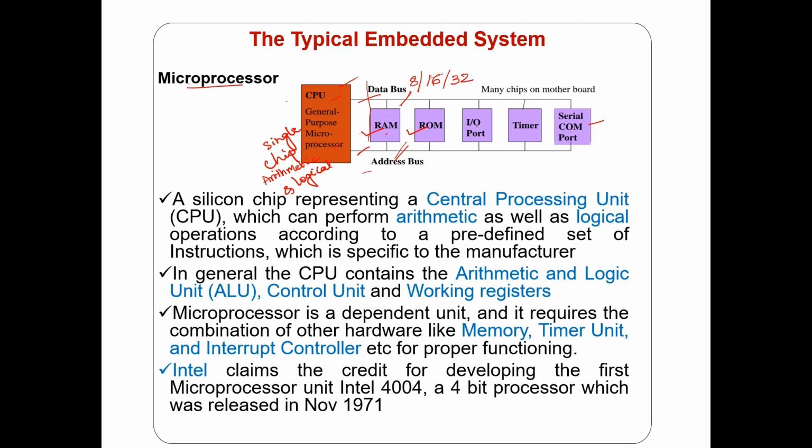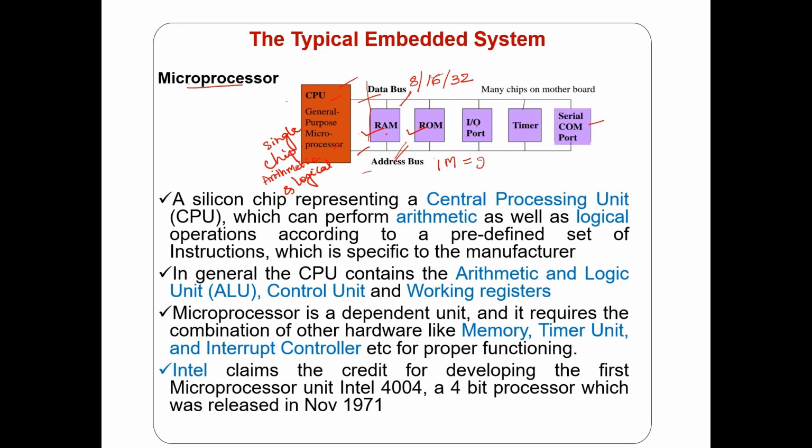If the processor is of 32 bits, then the data bus will be of 32 bits. Suppose, in simple words, we take 1 megabyte of memory available externally, connected to the CPU.